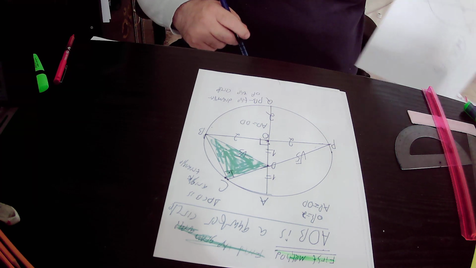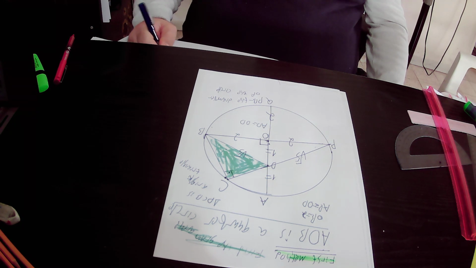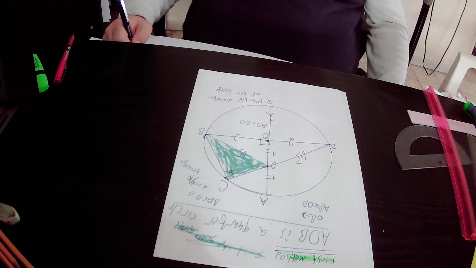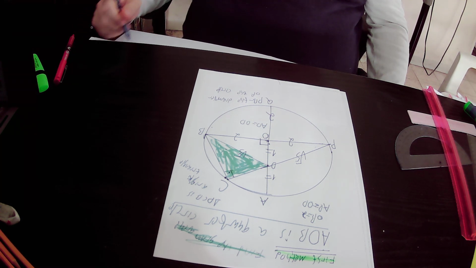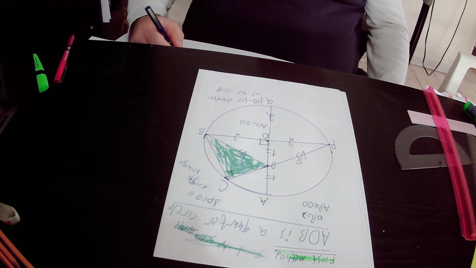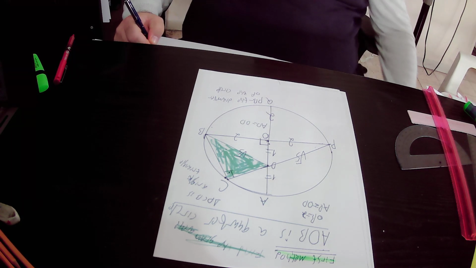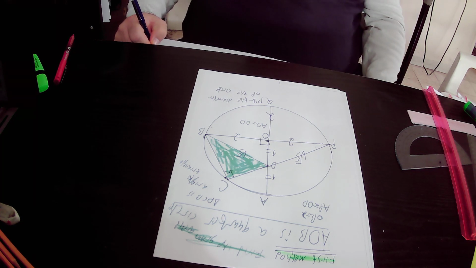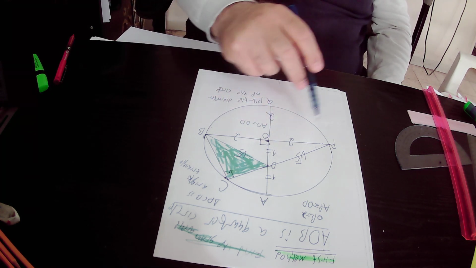I will write it down. Chord AQ intersects with chord PC at point D. Point D is the intersection point of chord AQ with chord PC.